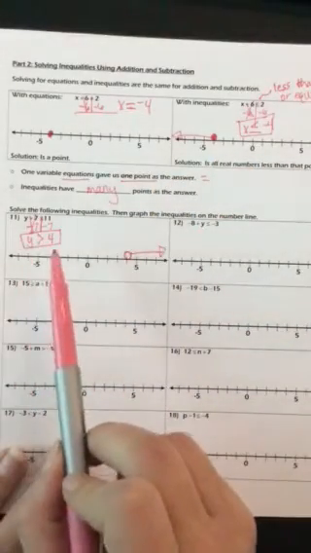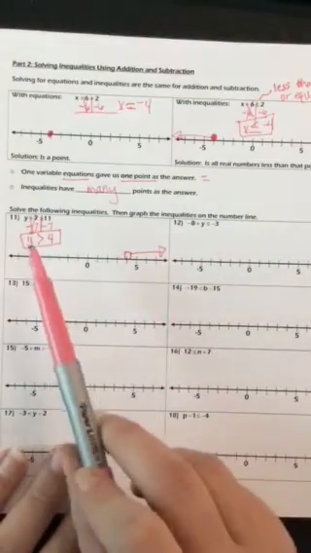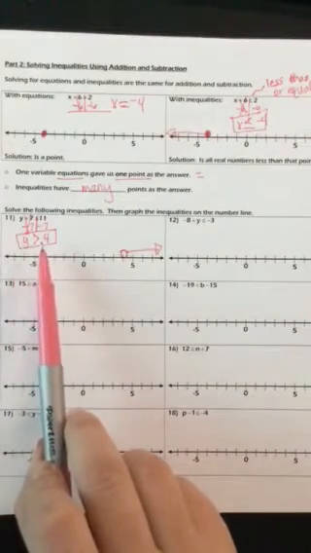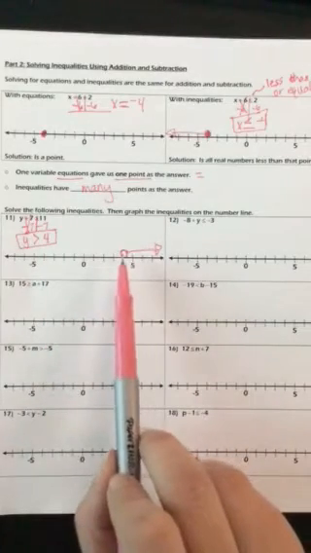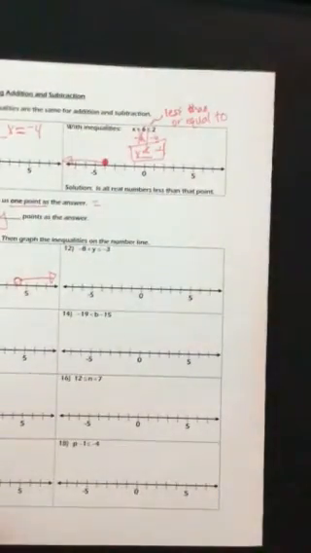Remember, as long as they're in this order, variable, inequality, number, we can use the trick of if the inequality points to the right, our arrow goes to the right. But I like to use the trick of reading it out loud. I've got y is greater than 4, so I'm going to go any number greater than 4. Okay? All right, let's look at the next problem.